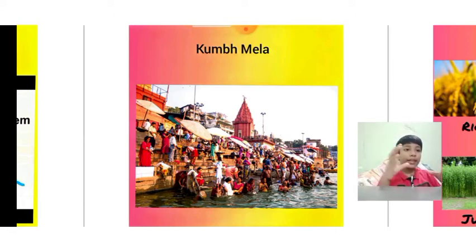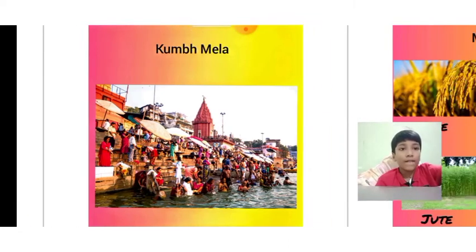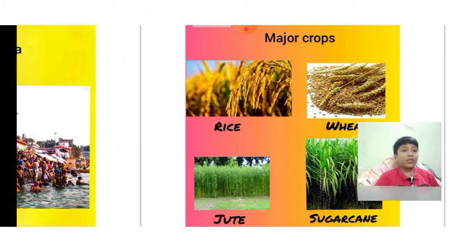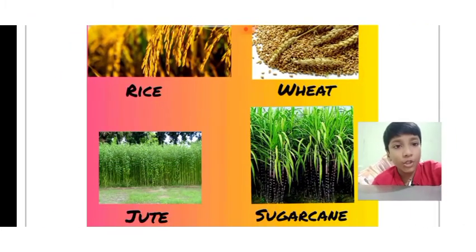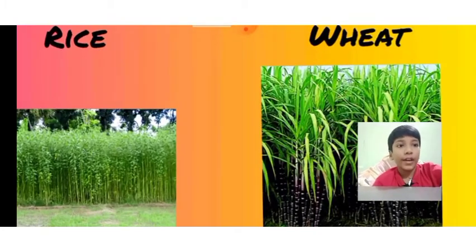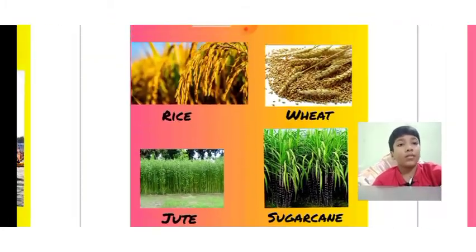And the meeting point of two rivers is called Sangam. Now the main crops grown in the Ganga basin are rice, wheat, jute and sugarcane.